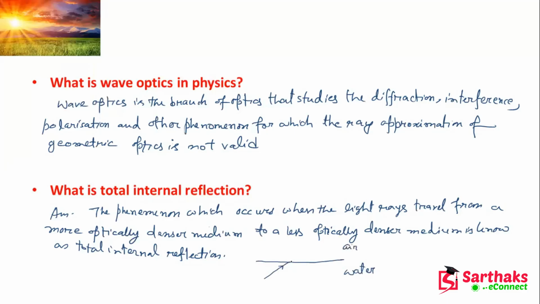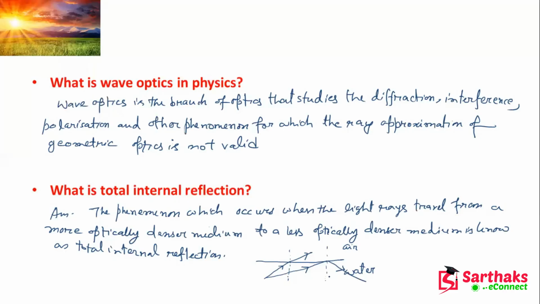So it will refract like this. Now, another possibility is there. Suppose this is incident to this one, and then it is coming back to the water again. So this phenomenon is the total internal reflection.